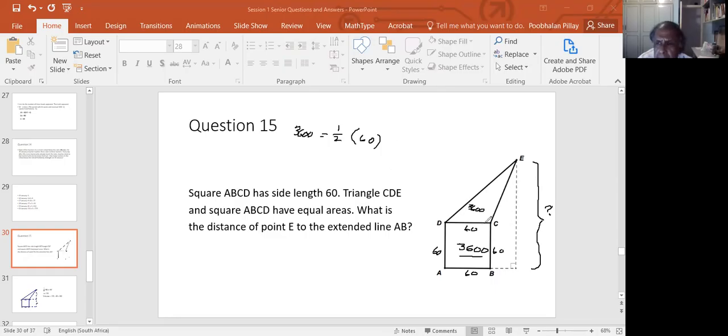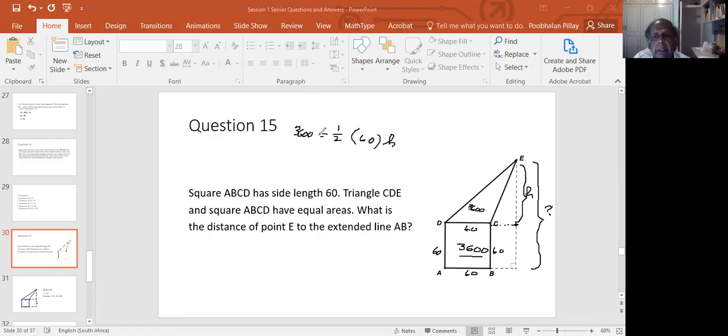But what is the height of this triangle? Well, if you take the height from E, I have to extend this line here, and this thing here will be the height. Well, let's give it a name, H. So the area of the triangle is half 60 times H.